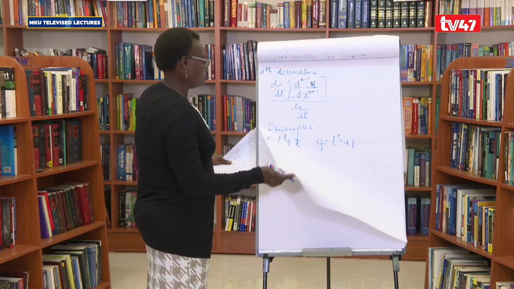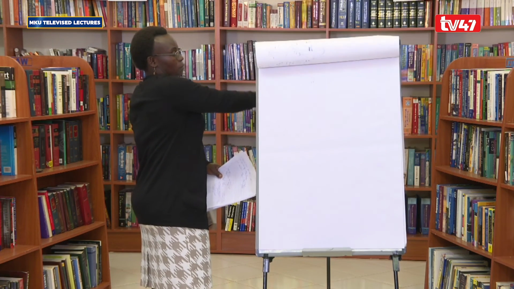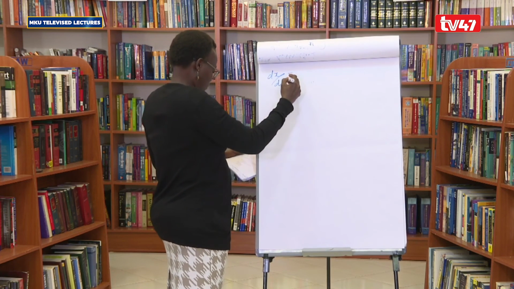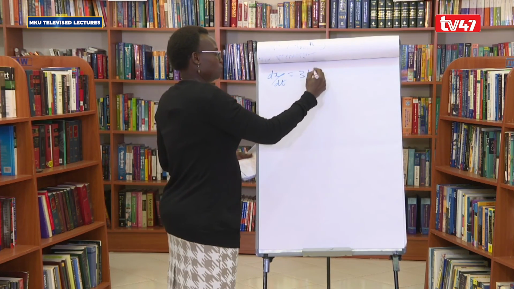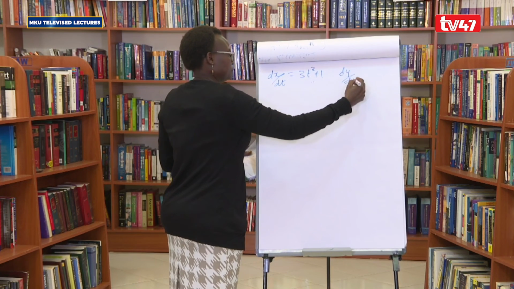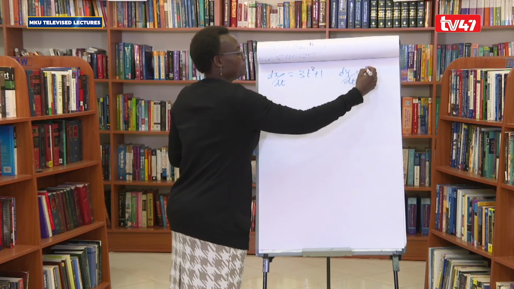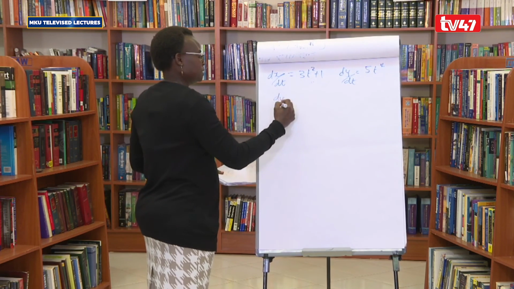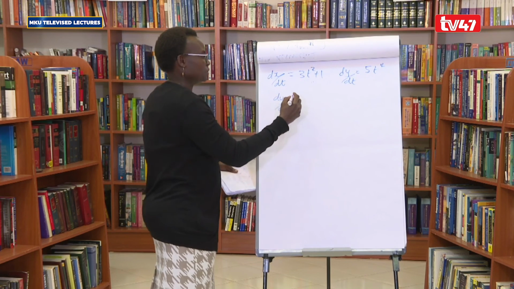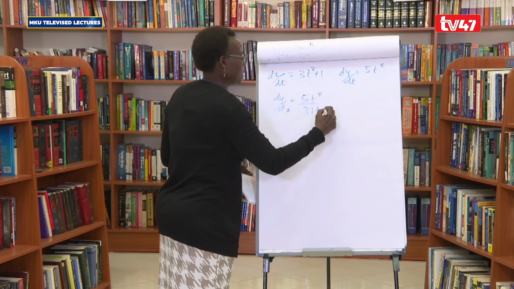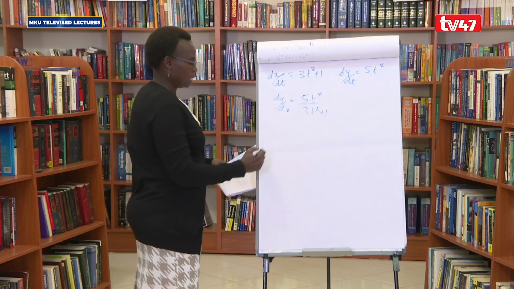So dx over dt will give us 3t squared plus 1. dy over dt will give us 5t raised to power 4. So the first derivative, dy over dx, will give us 5t raised to power 4 over 3t squared plus 1.